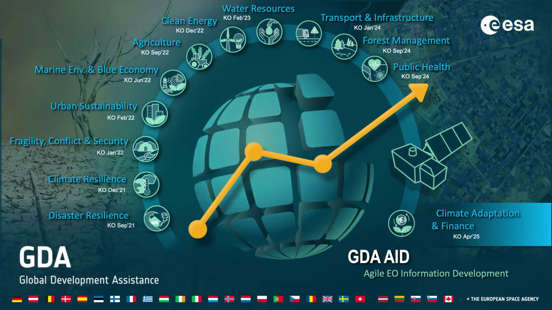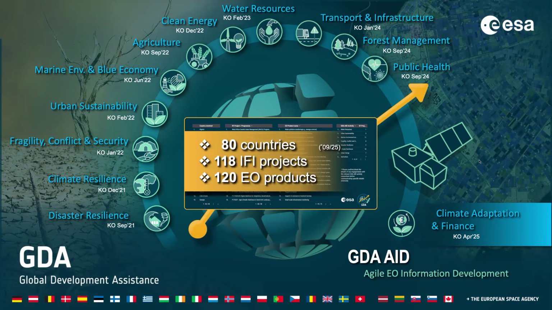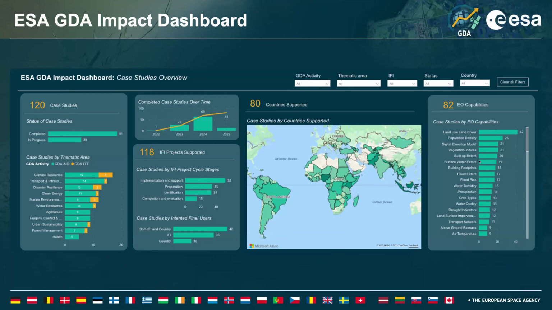So the idea was to tackle the different sectors of international development. As of now, we have more than 80 countries supported, more than 100 projects, and more than 100 Earth observation products delivered to IFIs.